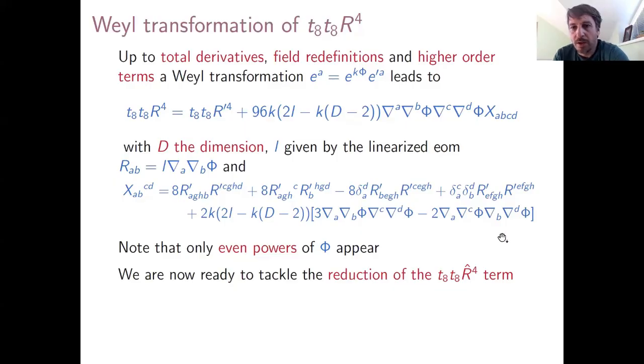So you get R to the 4, phi squared R squared, and phi to the 4 terms. Okay, so that's a bit of a simplification, but the dilaton terms don't go away completely. But with this intermediate result, we can now carry out the reduction of the T8 R to the 4 term in 11 dimensions.